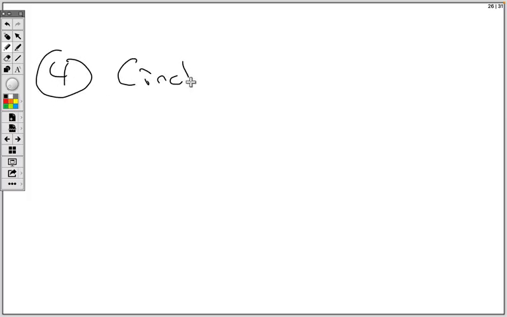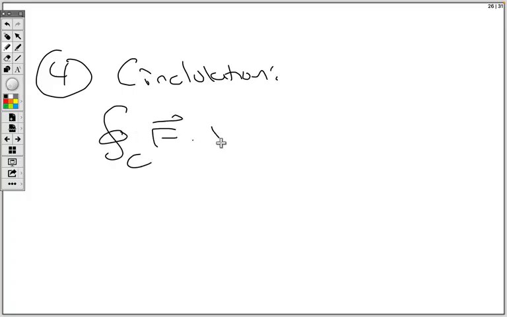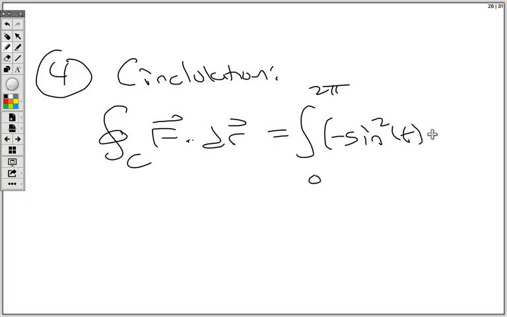So the circulation here, the integral along C, f dot dr. In this case, the parameterization, the unit circle, we're running from 0 to 2 pi of minus sine squared of t minus 1 dt. We can split this integral up.